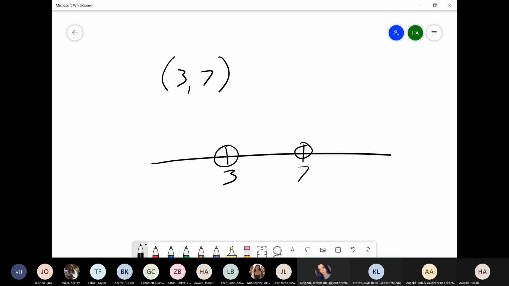Again, we're not including our endpoints, and we shade in the region between our endpoints 3 and 7. So this number line representation is the representation of this interval here. You're saying all of the numbers between 3 and 7 are solutions, and we are excluding 3 and 7 because parentheses tell us to exclude them.